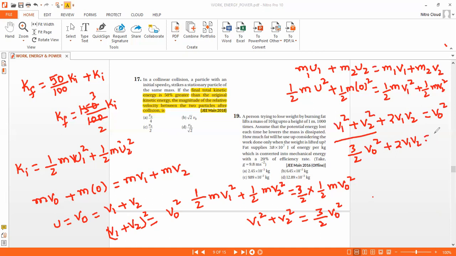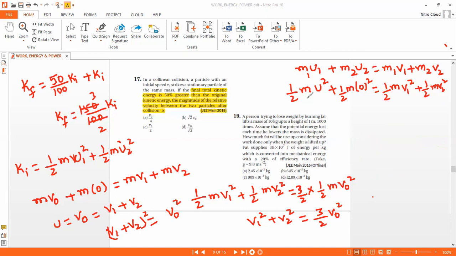We need to find v1 minus v2. v1 plus v2 is equal to v naught, and v1 square plus v2 square is equal to 3 v naught square by 2.